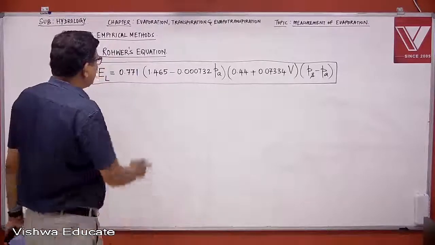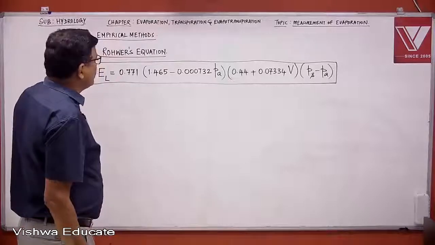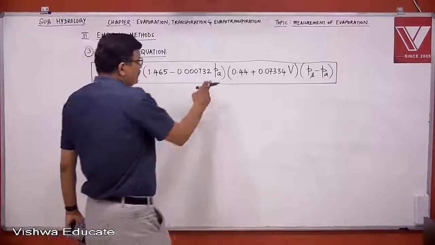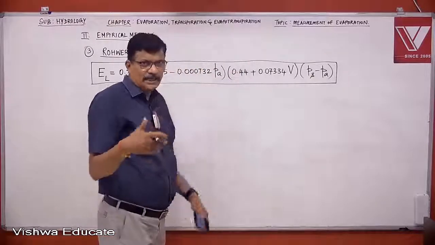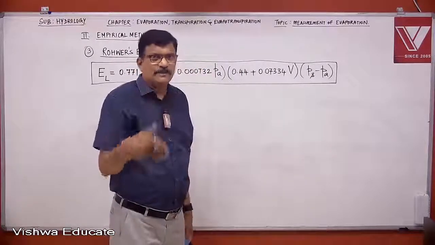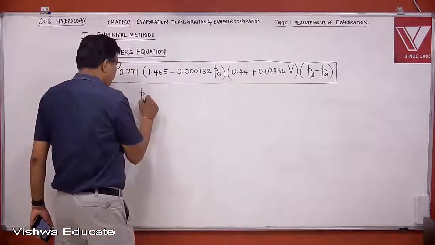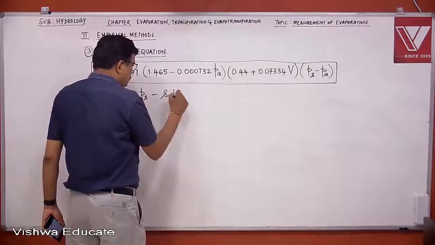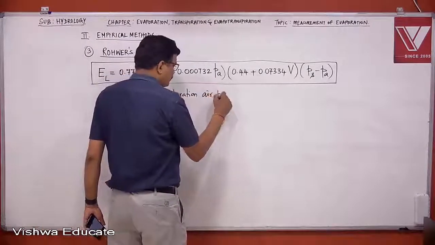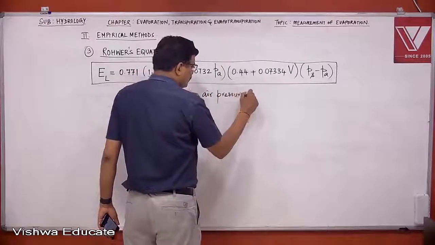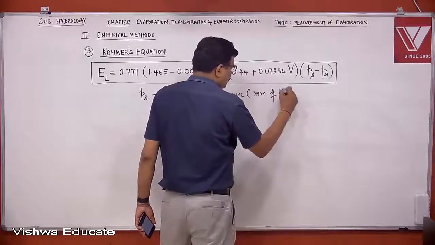If you look at the parameters, PA, V, and PS, they recur in all the empirical equations. PS, again I'll mention here, is the saturation vapor pressure in millimeters of mercury.